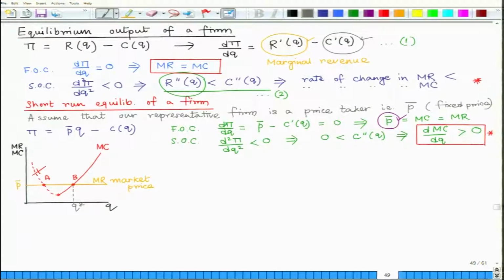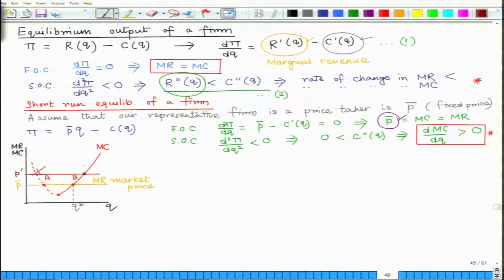Now, note that the first order condition solution that we have just obtained is dependent on the parameter in the model, which is basically market price. So, if now market price increases to say P dash, then in that case there is a new equilibrium obtained, right.